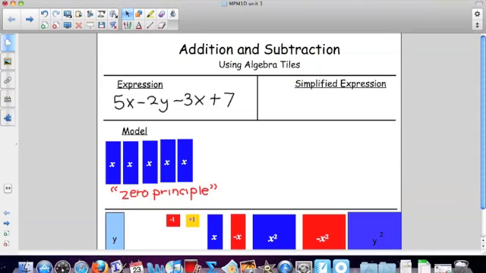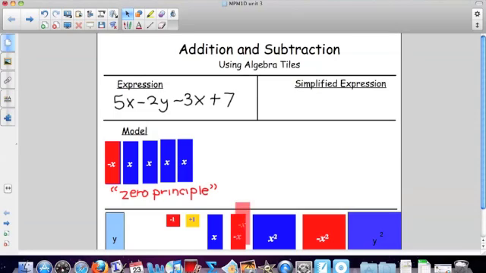So if you didn't hear at the back, Matthew was saying positive 1 and a negative 1 cancel each other out. So if I have a positive 5x on the board, if I take a negative x and cancel out the positive x, positive 1 and negative 1 make 0. So that is the zero principle.